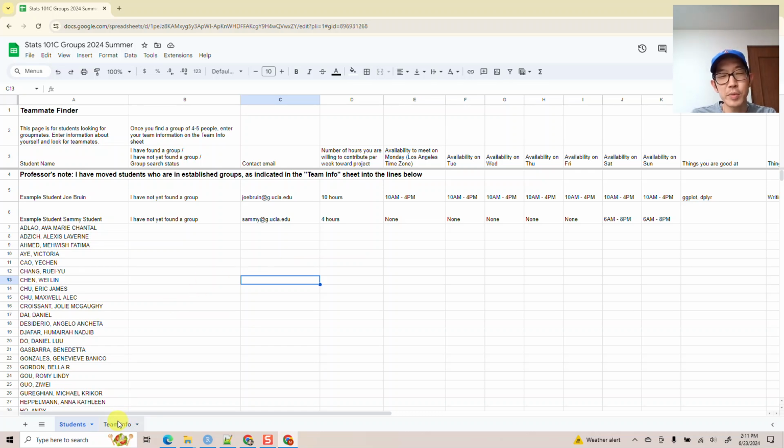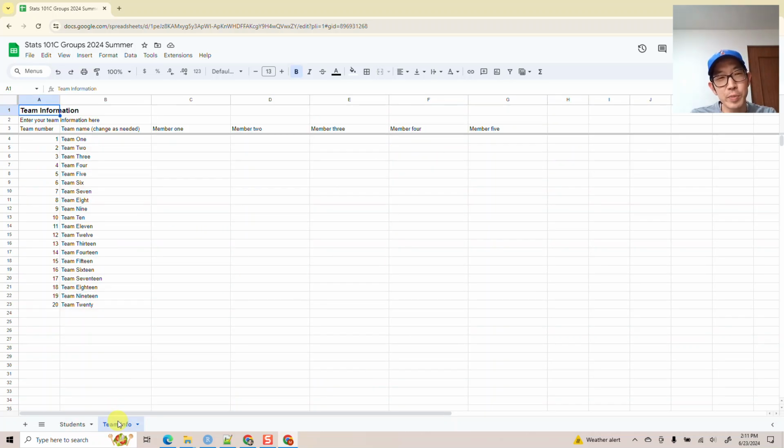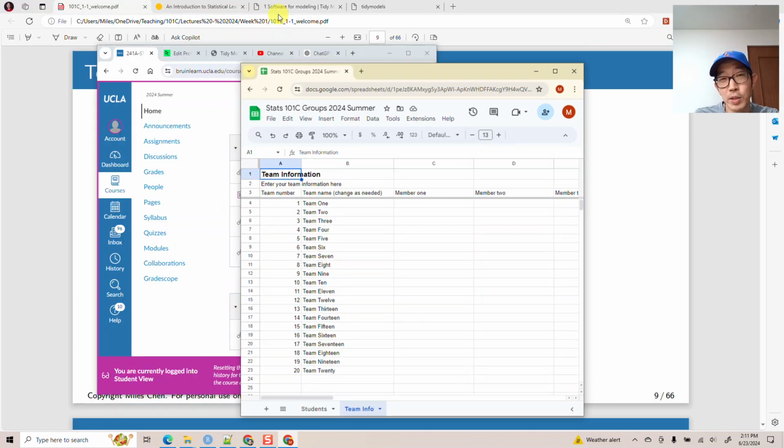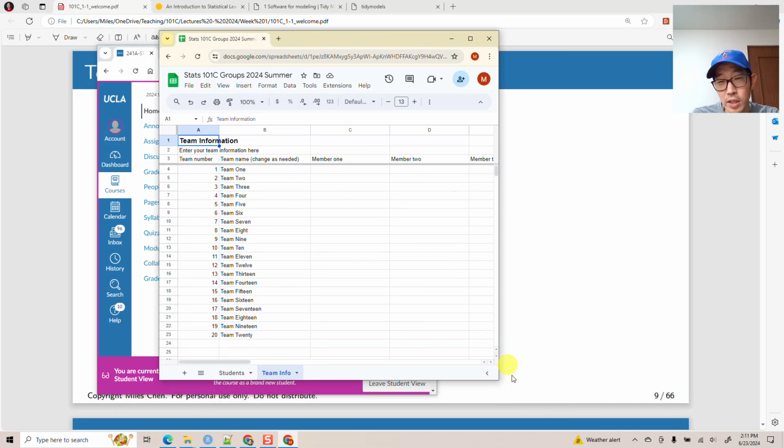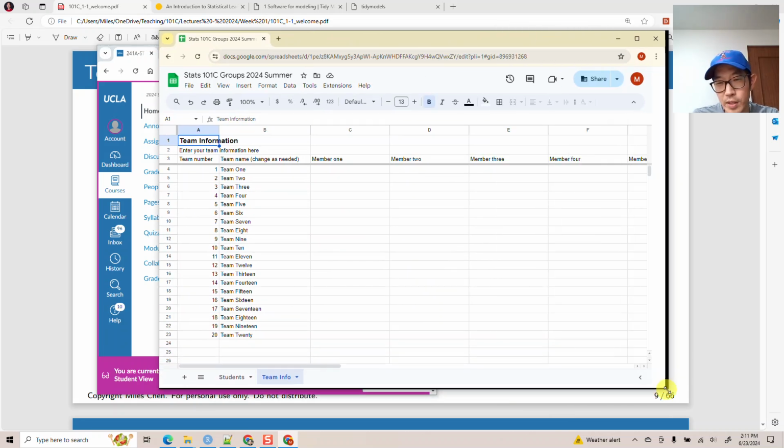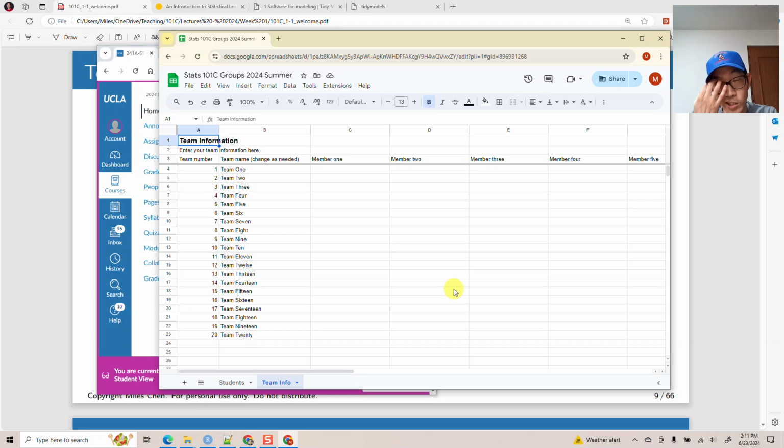So the teams are 4 to 5 people. Okay, 4 to 5 people to a team. That's what we're going for, and so you need to have at least 4, and the max you can have is 5. But you do want to start thinking about your teammates, and I'll set up some kind of deadline where if you haven't found your teammates, I'm going to just start throwing people together.